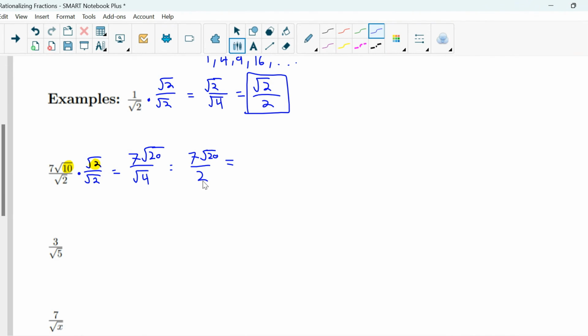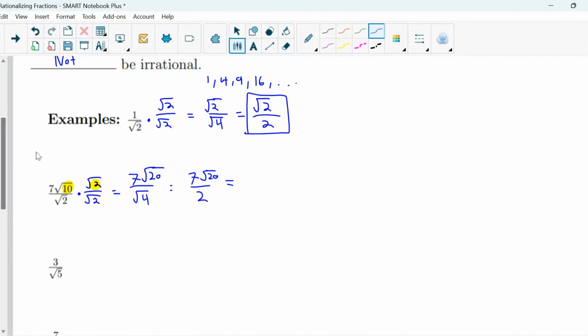So once again, looking at my perfect squares, I'm going to simplify 20 by factoring it as a perfect square. So a perfect square that is a factor of 20 would be 4. So now I'm going to take 7 times 4 times, so 4 times what gives me 20? Should be thinking 5, over 2.